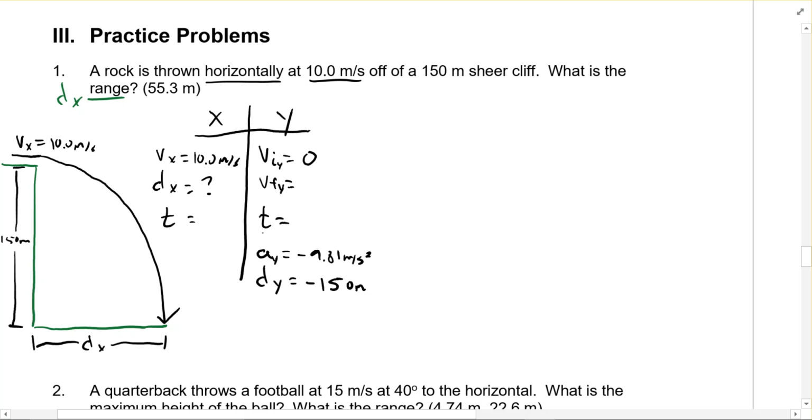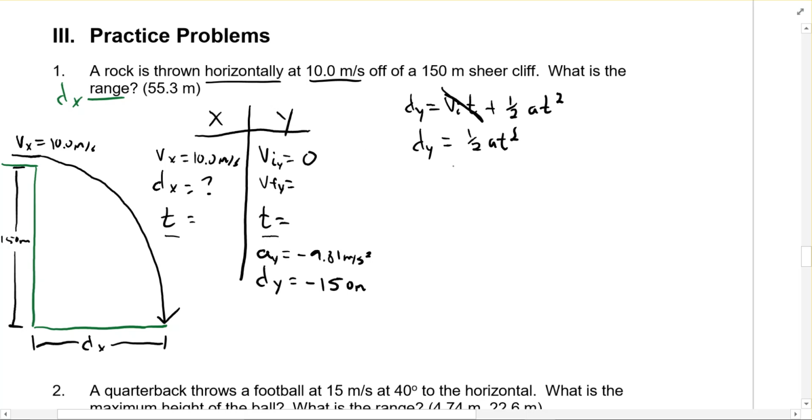So we are looking for time because time is the same for both, right? So I can make that jump across there if I figure out time. I'm going to use a formula that doesn't even have vf in it. So I'm going to start off by going dy is equal to vi t plus 1/2 a t squared. Now this becomes a little easier because vi is equal to 0, so this term becomes nothing. And I'm left with dy is equal to 1/2 a t squared.